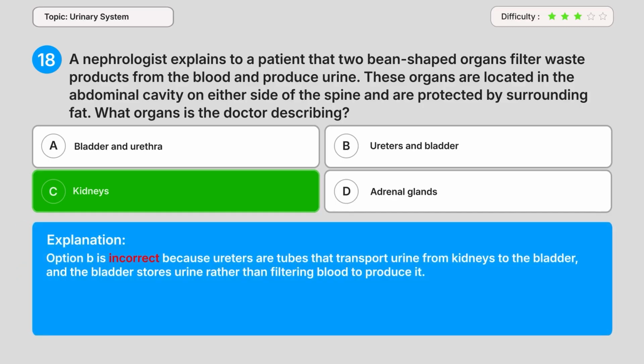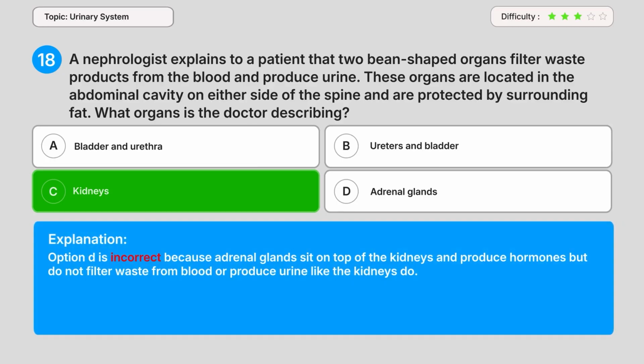Option B is incorrect because ureters are tubes that transport urine from kidneys to the bladder, and the bladder stores urine rather than filtering blood to produce it. Option D is incorrect because adrenal glands sit on top of the kidneys and produce hormones but do not filter waste from blood or produce urine like the kidneys do.